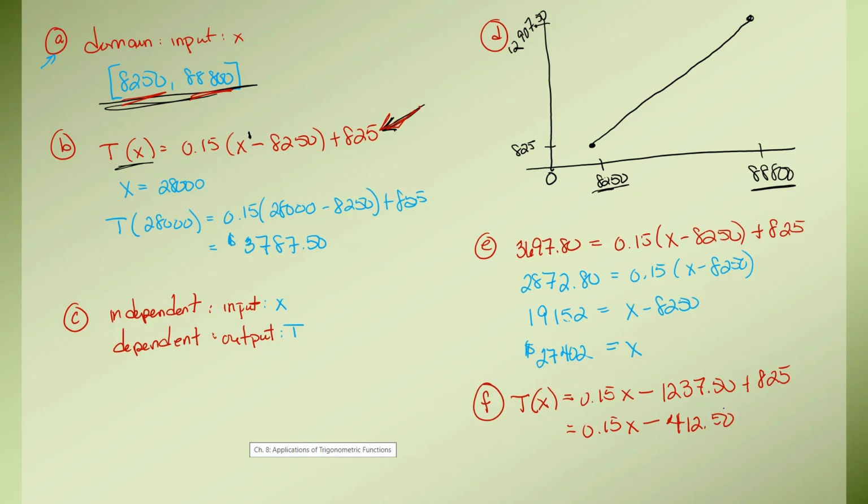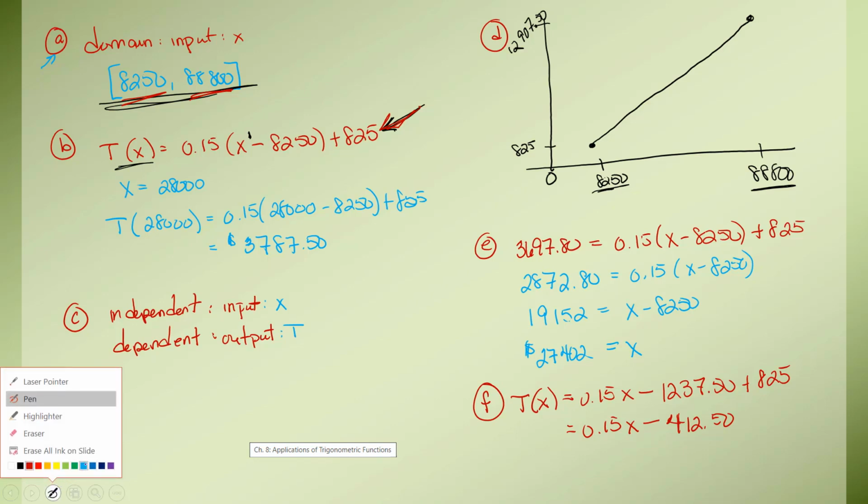Okay, so this is the equation I ended up getting. Hopefully we're in agreement. If we're not, I guess we need to go back and punch our numbers in again and make certain that everything's good. Okay, so they want us to interpret the slope.